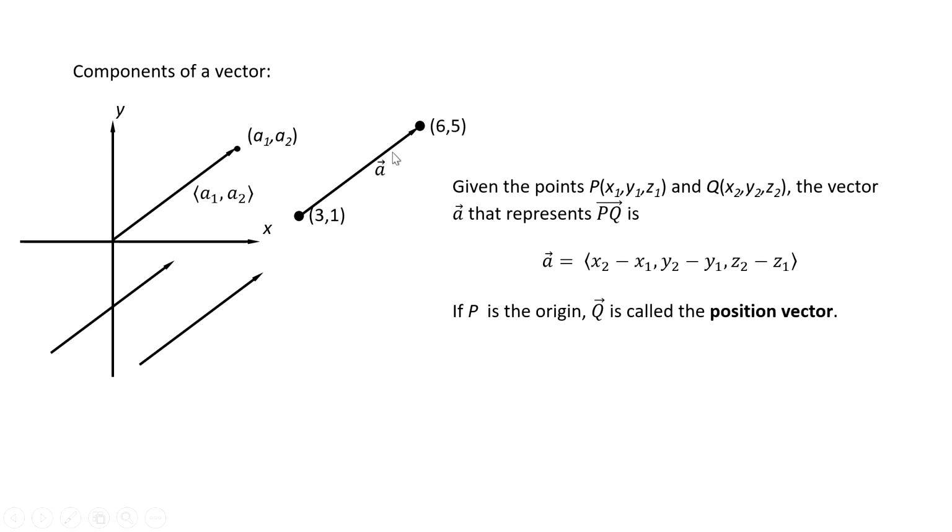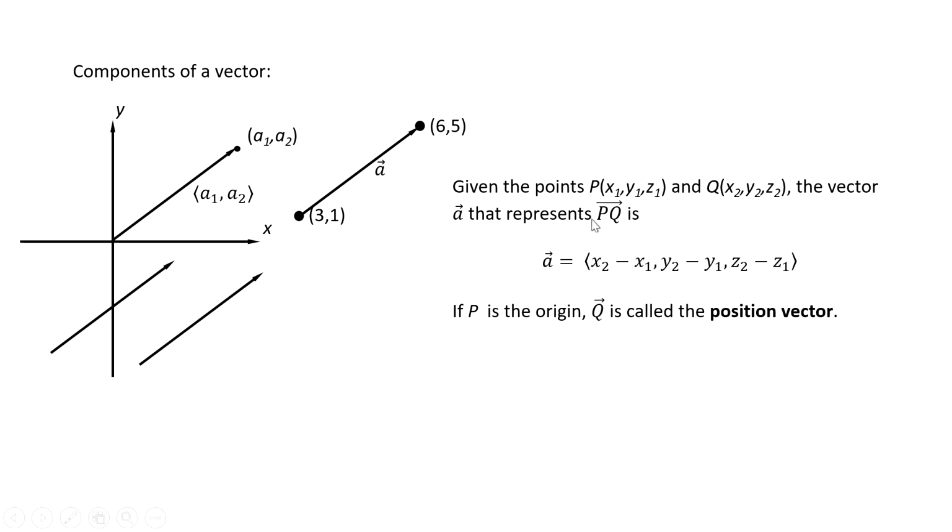Now if we were to scoot this so that the tail falls on 0, you'll be guaranteed that the head would be at 3, 4.